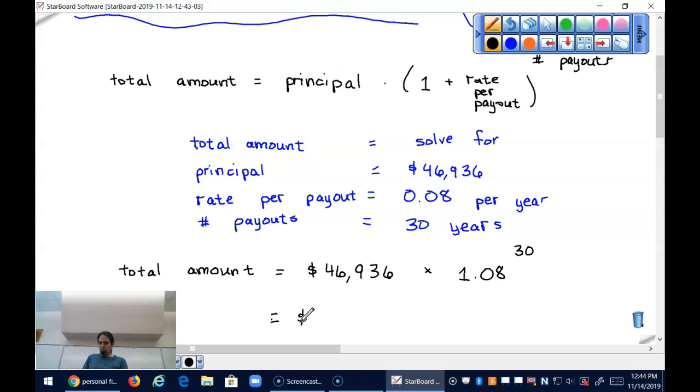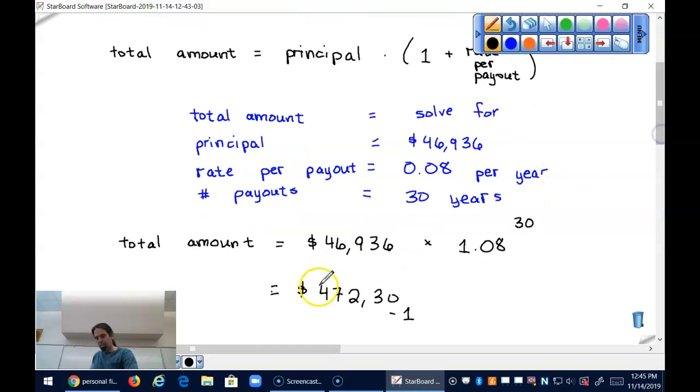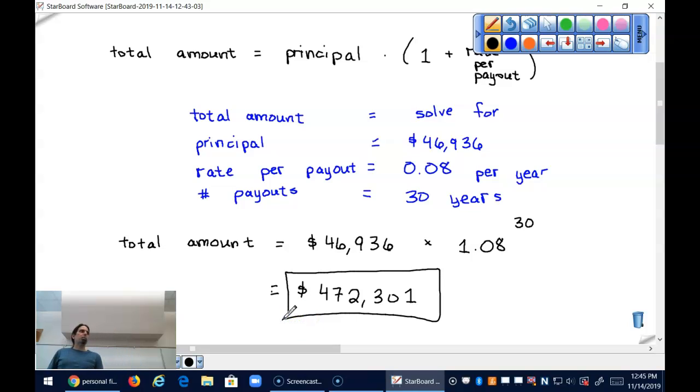Okay, so 46,936 times 1.08 exponent 30. You're getting 472,301 about. Everyone else get the same thing?